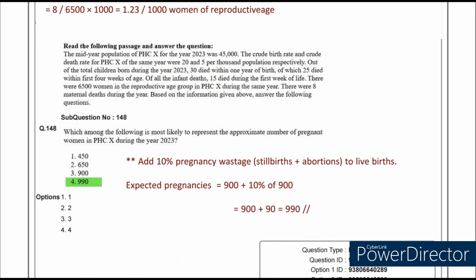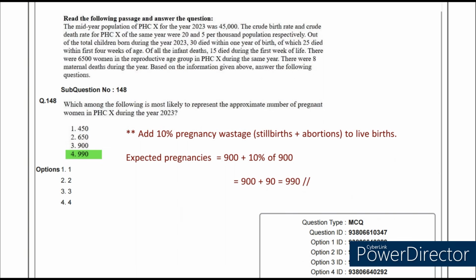And now coming to question number 148, they are asking you to calculate the approximate number of pregnant women. Again, this is a repeated question. They have asked it multiple times. Always keep in mind, you need to add 10% pregnancy wastage to the live births. So if you know the number of live births is 900, add 10% of wastage to it. 900 plus 10% of 900 will be 990.